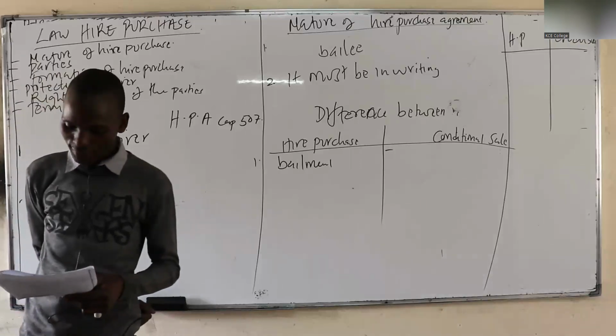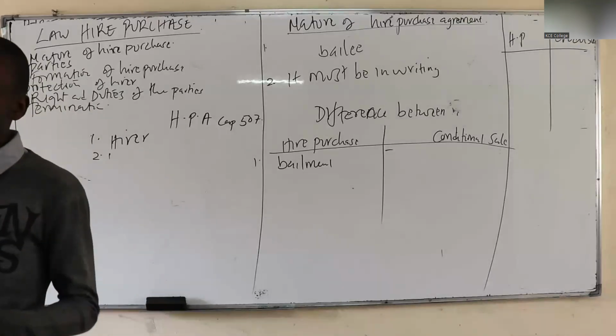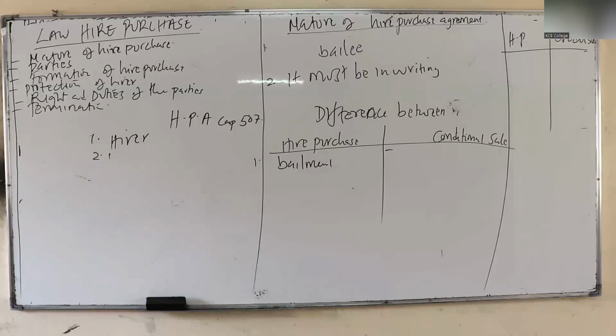On the other side, credit sale is a contract of sale of goods where the purchase price is payable in more than one installment.